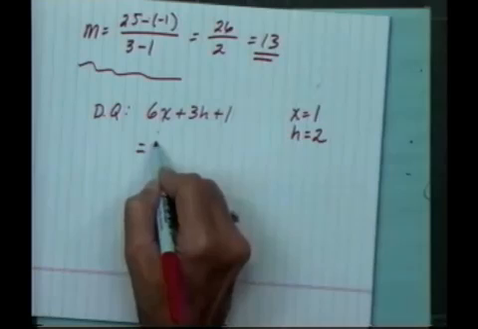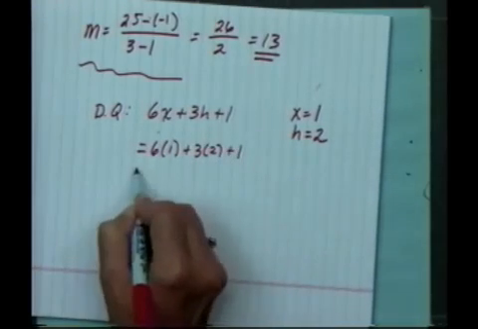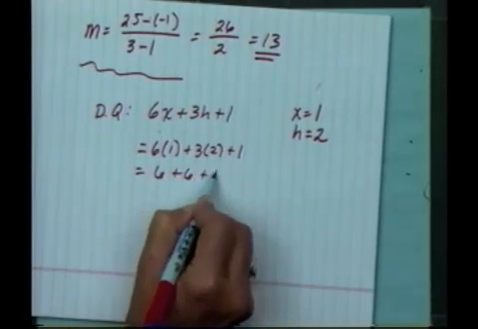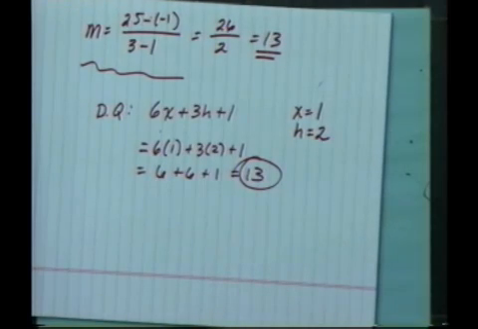So we have 6 times 1 plus 3 times 2 plus 1. 6 plus 6 plus 1, and there's the 13. All right, what am I trying to do? Instead of just saying, find and simplify the difference quotient, I'm trying to say, really, all you're doing is finding the slope between 2 points on a curve.